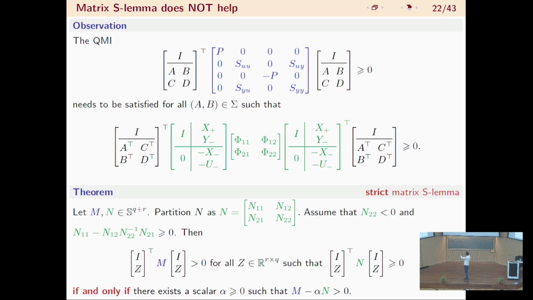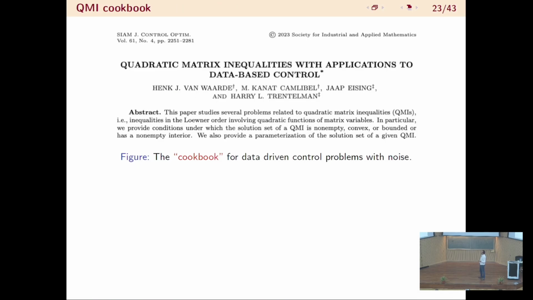Somehow change from ABCD to its transpose. And secondly, I need a certain matrix S lemma for non-strict inequality. If I can manage these two, then I can write down conditions on data for dissipativity analysis.